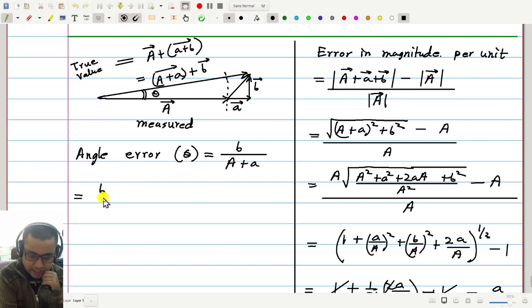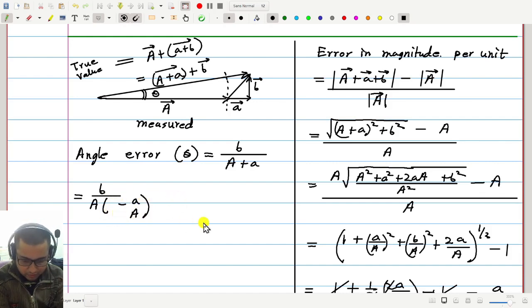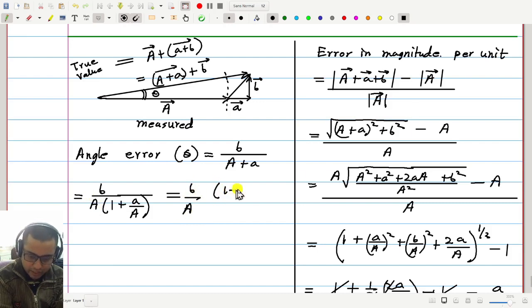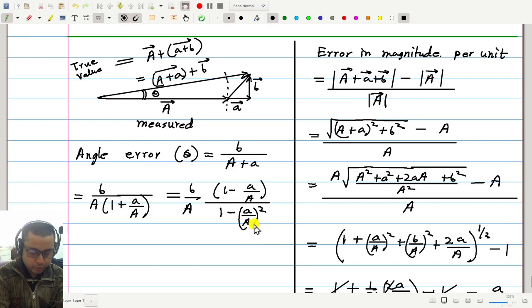Okay, so what can I do? I can write this as b by capital A times 1 plus little a by capital A, and then b by capital A times 1 minus a by A, divided by 1 minus a by A square, and now we will ignore all higher order terms, higher than first order.